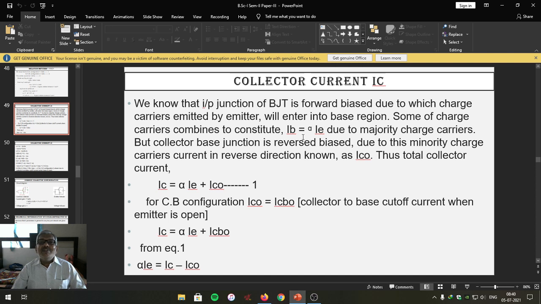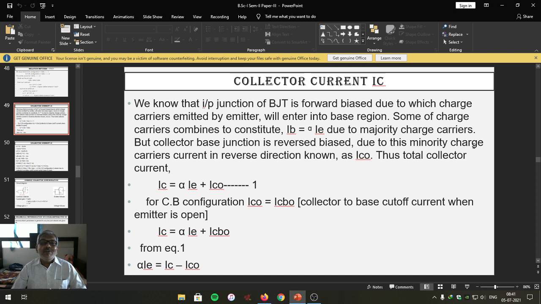So to proceed, we know that the input junction of BJT is forward biased, due to which charge carriers emitted by the emitter will enter into the base region. Some of the charge carriers combine to constitute the base current IB, and that's equal to alpha IE. The value of alpha is less than 1. This is due to majority charge carriers, but the collector base junction is reverse biased.